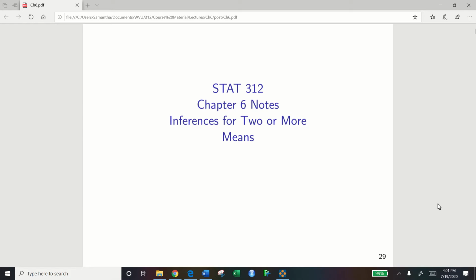Before we get started, I want to caution you, in my personal opinion, Chapter 6 is the most difficult chapter in this course. I feel the stuff you did before this, Chapter 4 and Chapter 5, had a lot of review material.